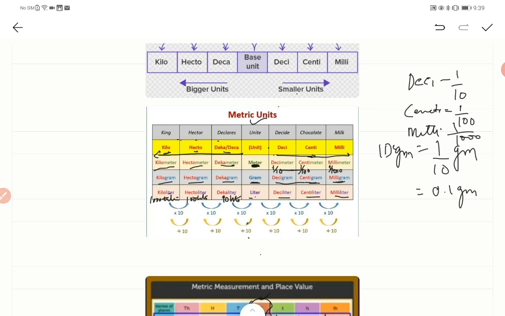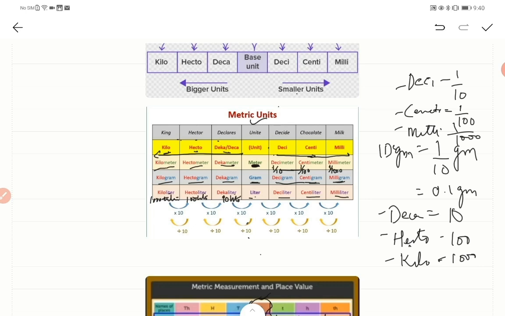In a similar way, deca is multiplying by 10, hecto is 100, and kilo is 1000. If you remember these words, it will become easy for you.